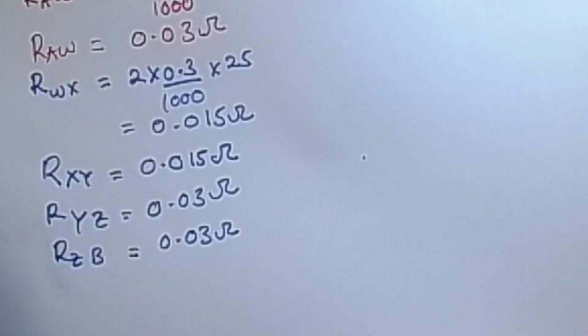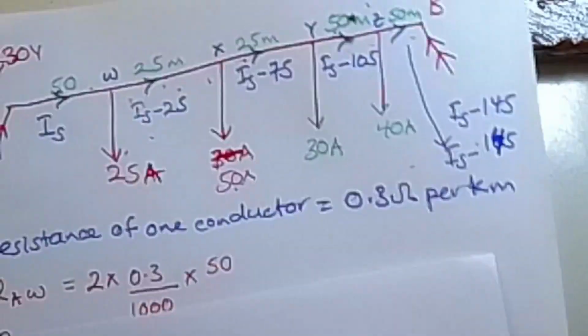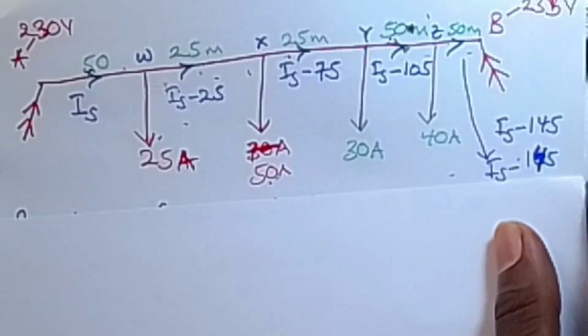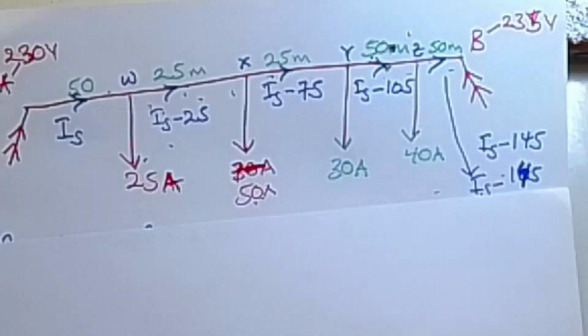So, proceeding on from that point, we are going to calculate the value of IA, which is the unknown current. To calculate IA, we shall simply go back and calculate the total voltage drop along this section.